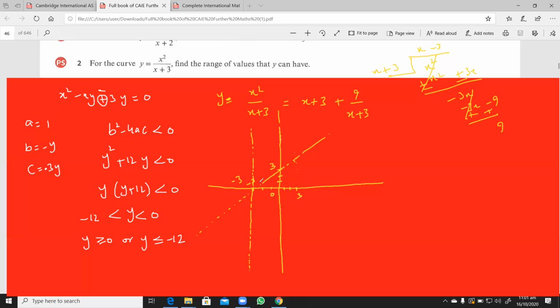This is the vertical asymptote, and the oblique line is also passing through this minus 3 on the y-axis. Your quotient is x minus 3. This had to be minus 3. Come on, you were late in telling this. Okay, I need to draw this again.